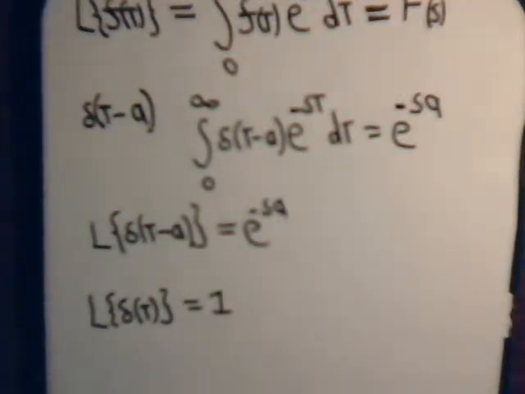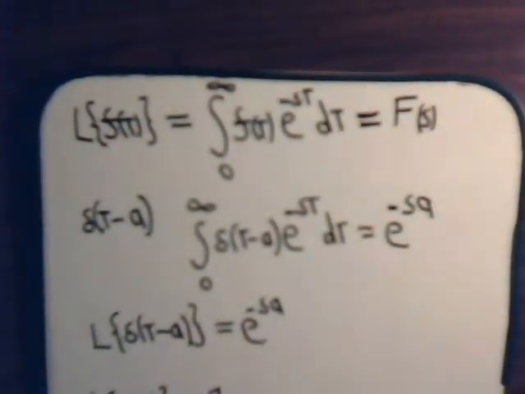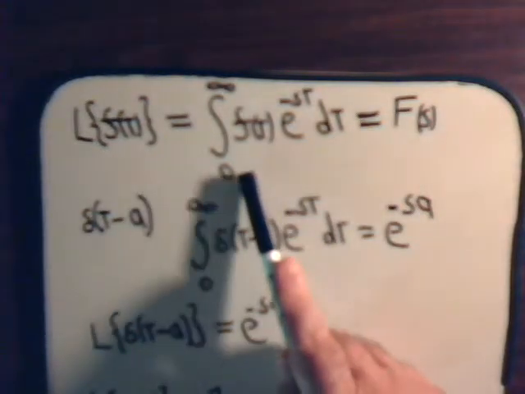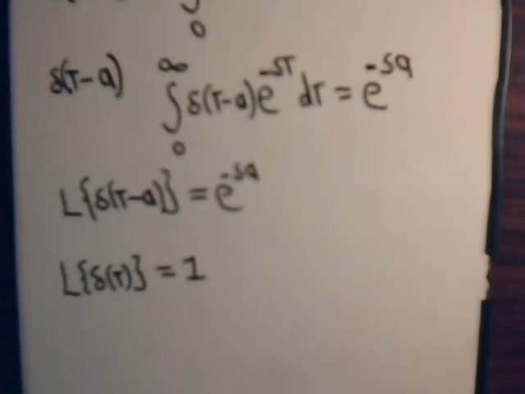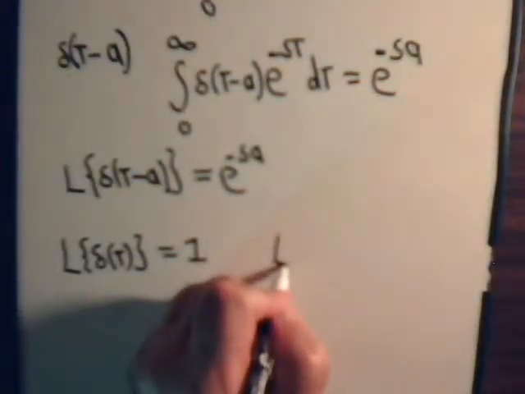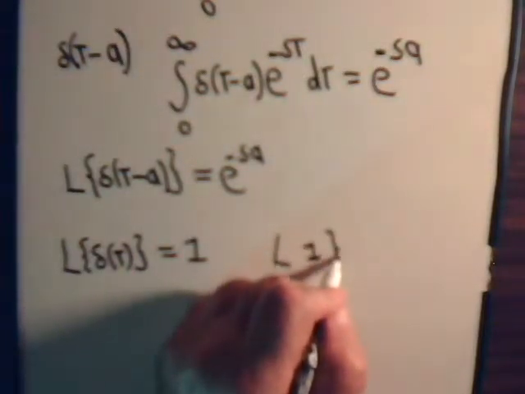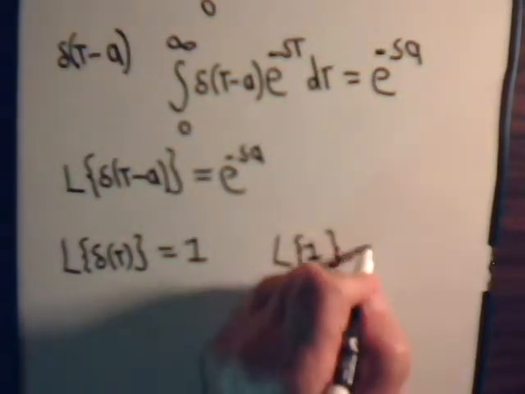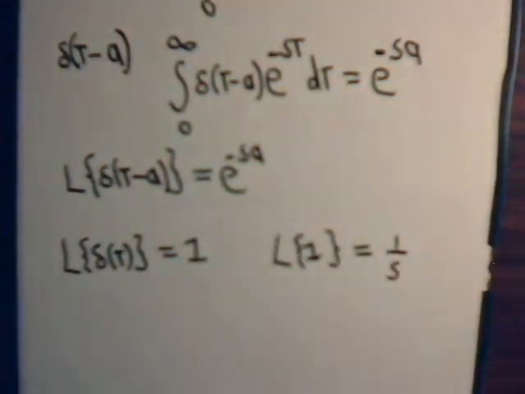Now, from our definition, as you know from our previous videos, when you take the Laplace transform, you usually get a function of s, but not in this case. It's just simply 1. Now, the Laplace transform of 1 is 1 over s.